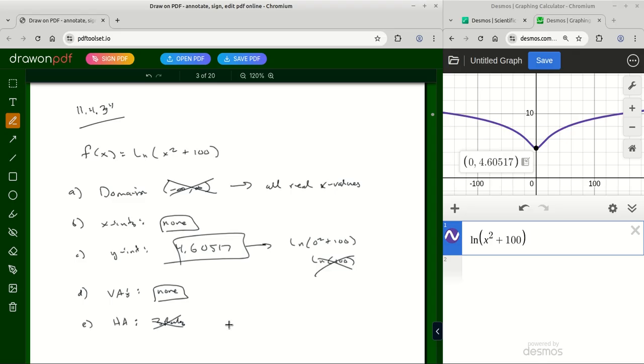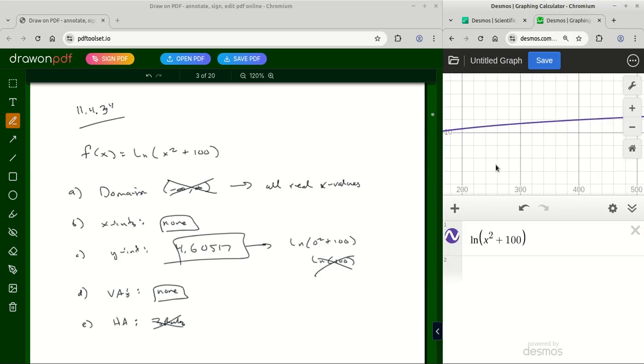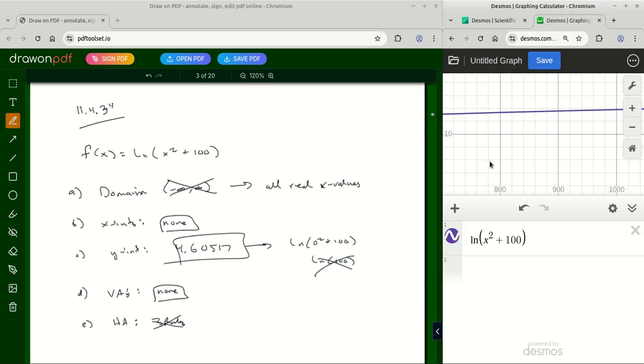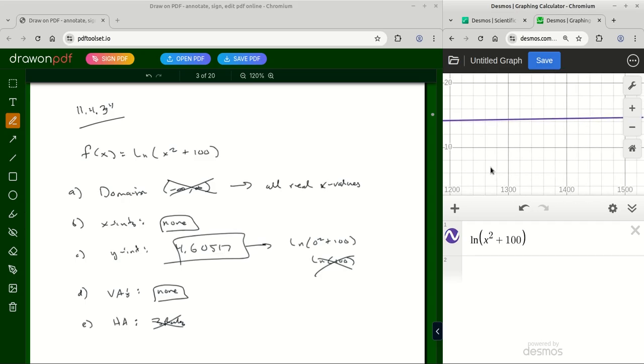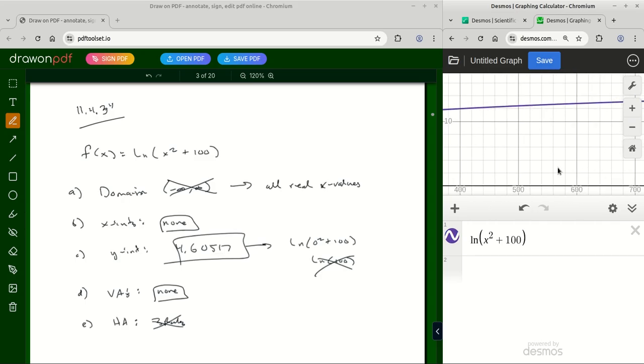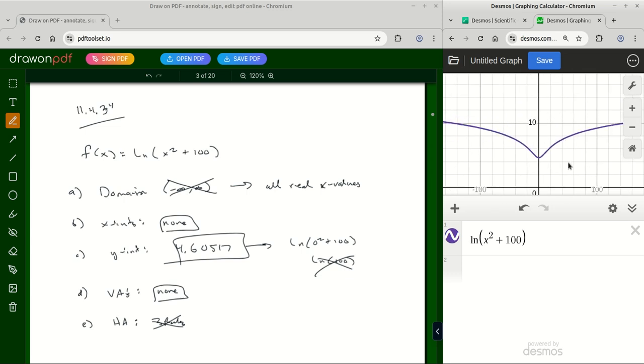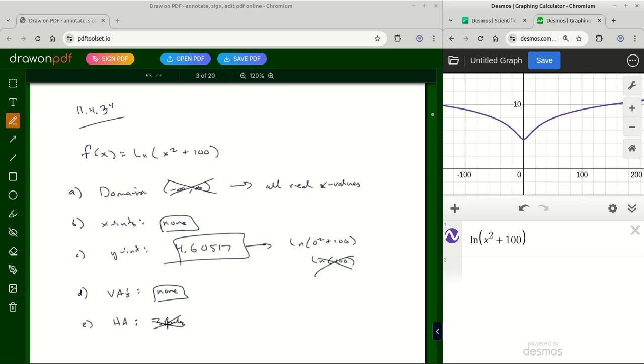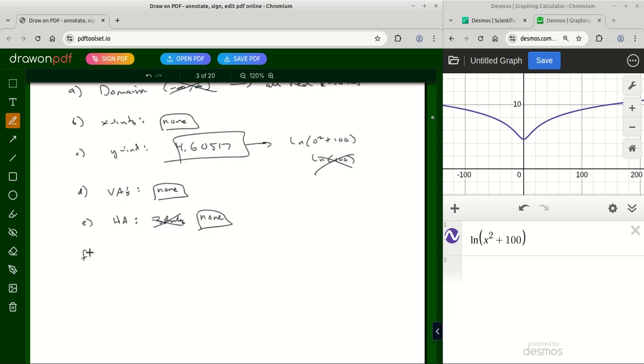So what do I do? Well, you look at the graph. It looks like, oh, it's going up, and then it's going to stop, right? No, it's not going to stop. It actually just keeps going up. Do you see that? Yeah, it's not going up as much, but it is still going up forever. So is there a horizontal asymptote? I would say none, yet again. Again, we're looking at the graph to get our answers.